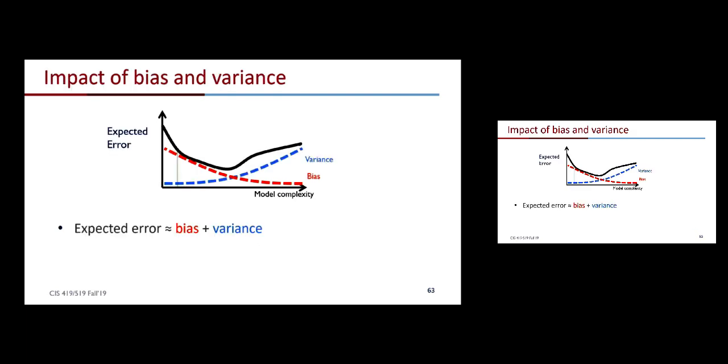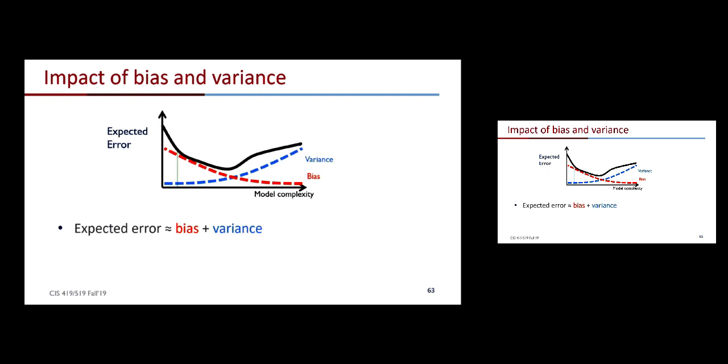So the real picture is a mix of the bias and the variance. The expected error can be shown to be a sum, or related to the sum, of the bias and the variance. The intuition is, on one hand, you want to fit the data as much as you can, and for that you need a lot of functions to choose from in your hypothesis space.